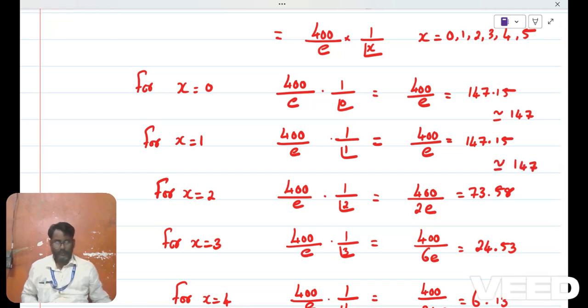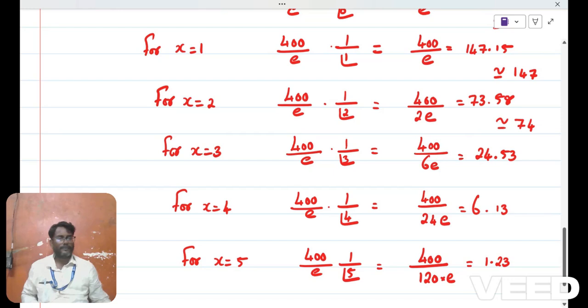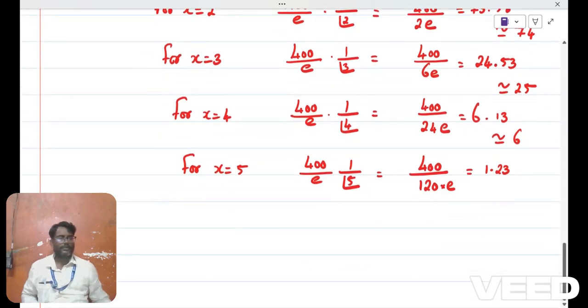Next, for x equal to 2, we round 73.5 up to 74. Next, 24.5, we can round up again, 0.5, so we will round it up to 25. Next 6.13, we will round it up to 6. Next 1.23, we will round it up to 1.